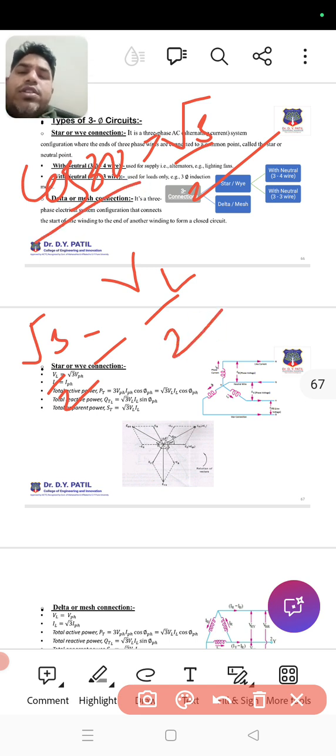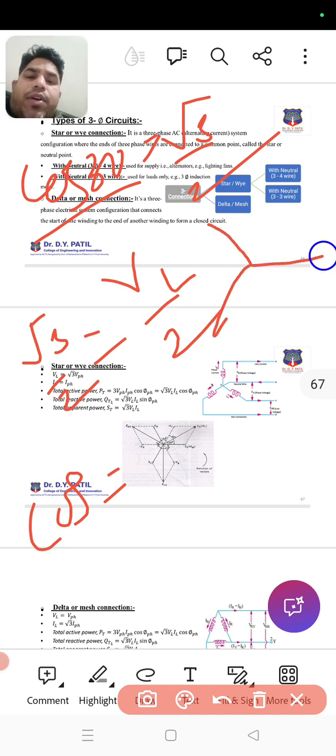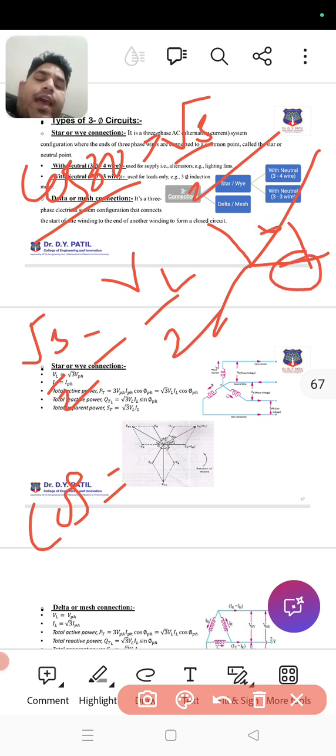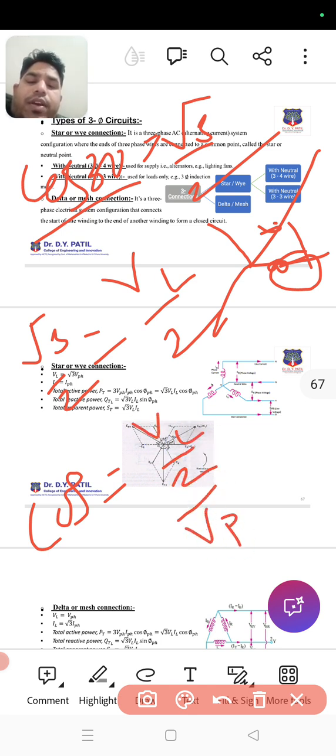What is the cos 30? Cos means adjacent divided by hypotenuse. In the diagram we have drawn, the adjacent is VL divided by 2, and the hypotenuse is VPH.